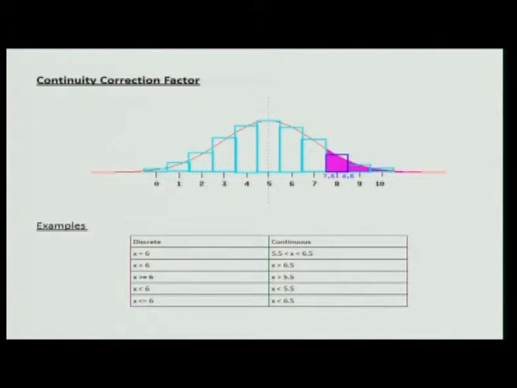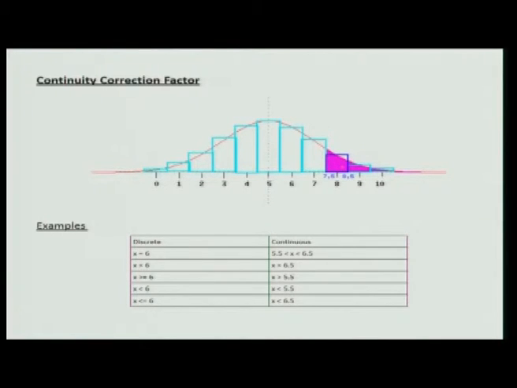So, to get that probability, if you want a good approximation, see the rectangle, the bar that represents the probability at point 8. That is starting from 7.5. You want to cover that whole area, because you want the probability x greater than or equal to 8. Therefore, the approximating standard normal variate should be greater than or equal to 7.5 and not 8.